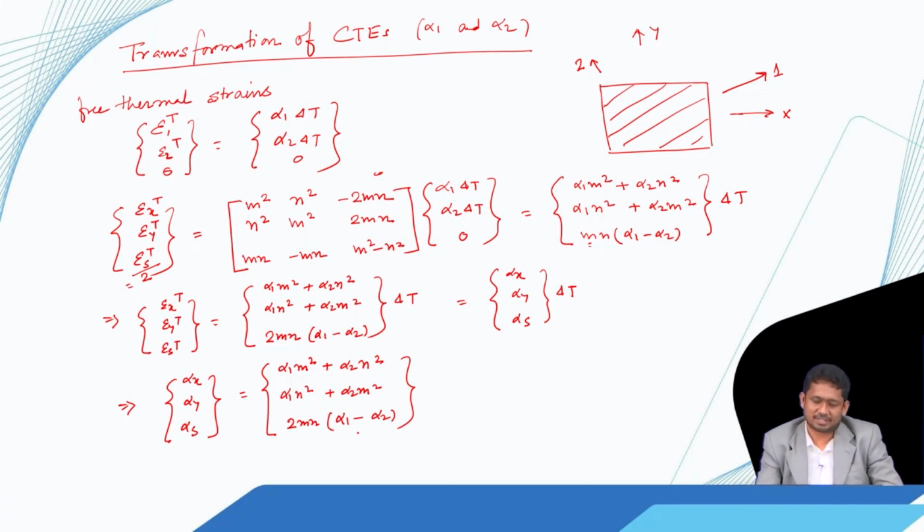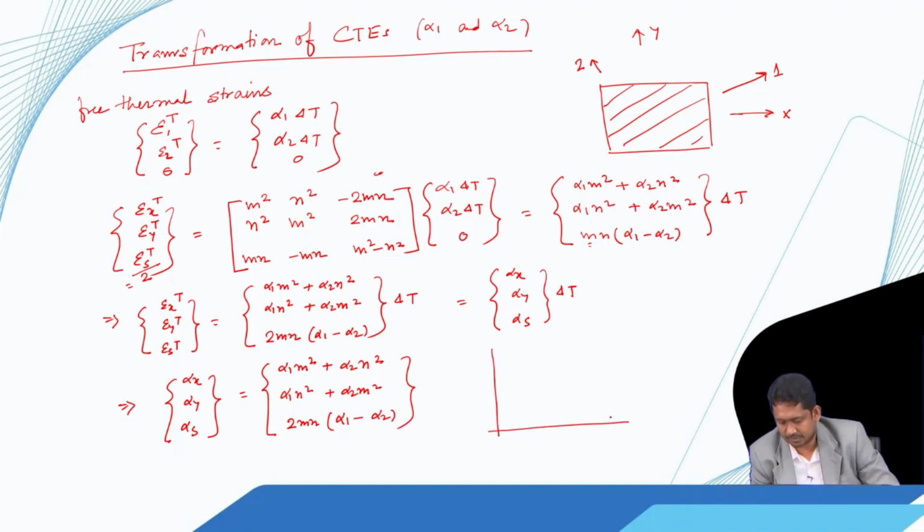Now, if I plot this alpha x, alpha y and alpha s with theta, the angle, then the plot looks like this. So, this is 0 degree and here we have pi by 2, the plot looks like this.